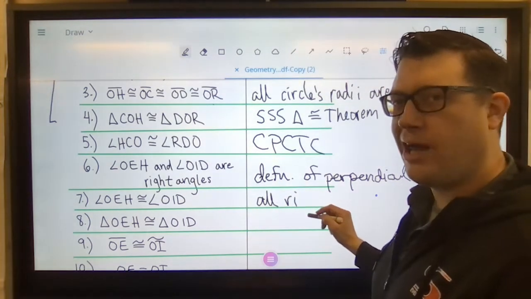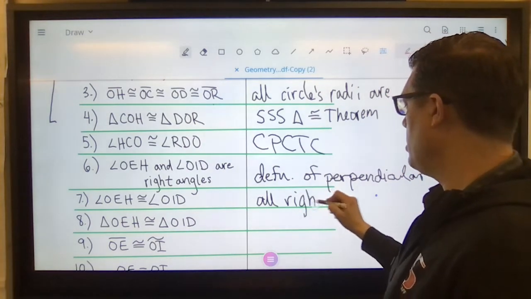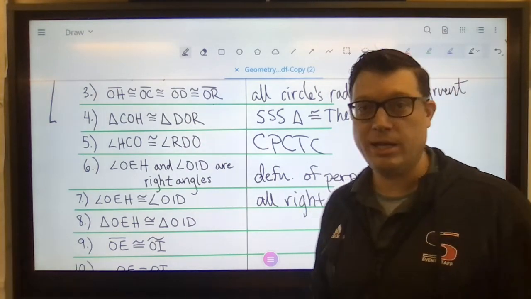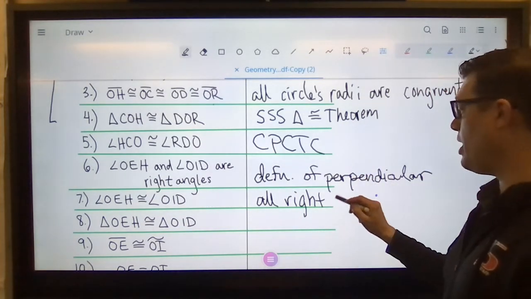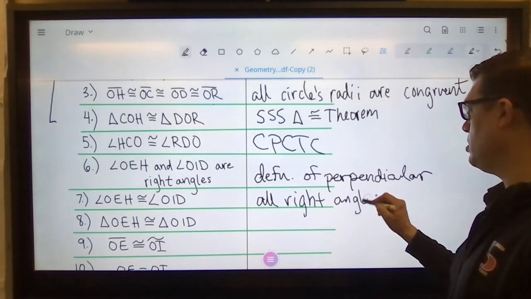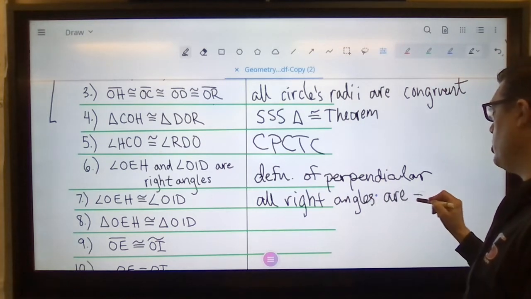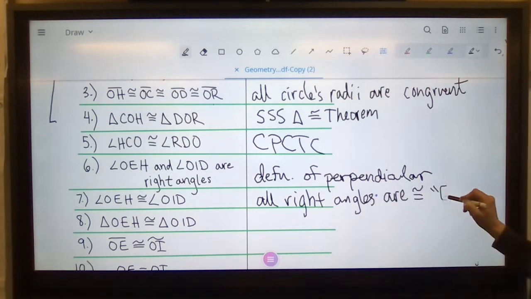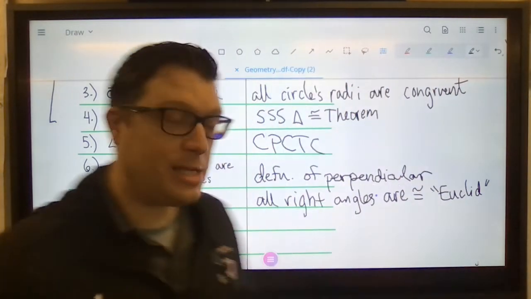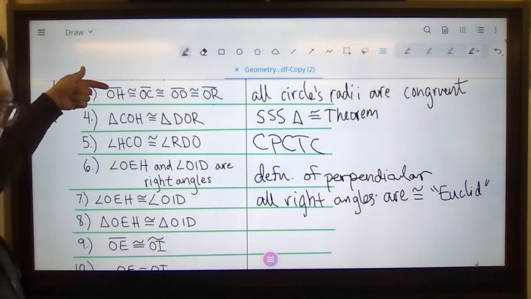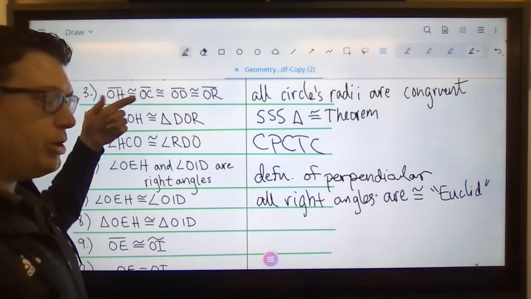That's a reference to the guy that wrote the first geometry book that we know of, right? He was the one whose book lasted for thousands of years. He said all right angles are congruent. Quote, Euclid.